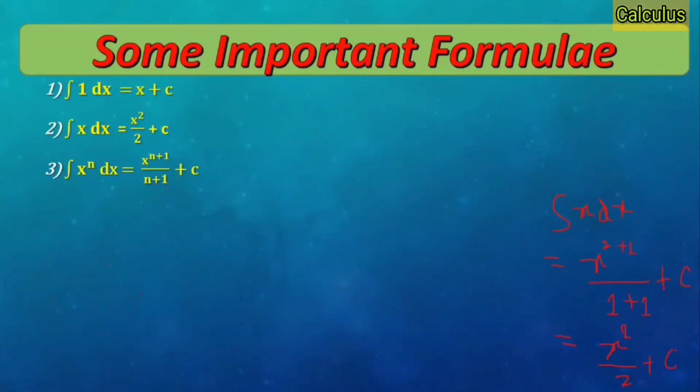Integration of x to the power n dx is equal to x to the power n plus 1 by n plus 1 plus c, where c is any constant.